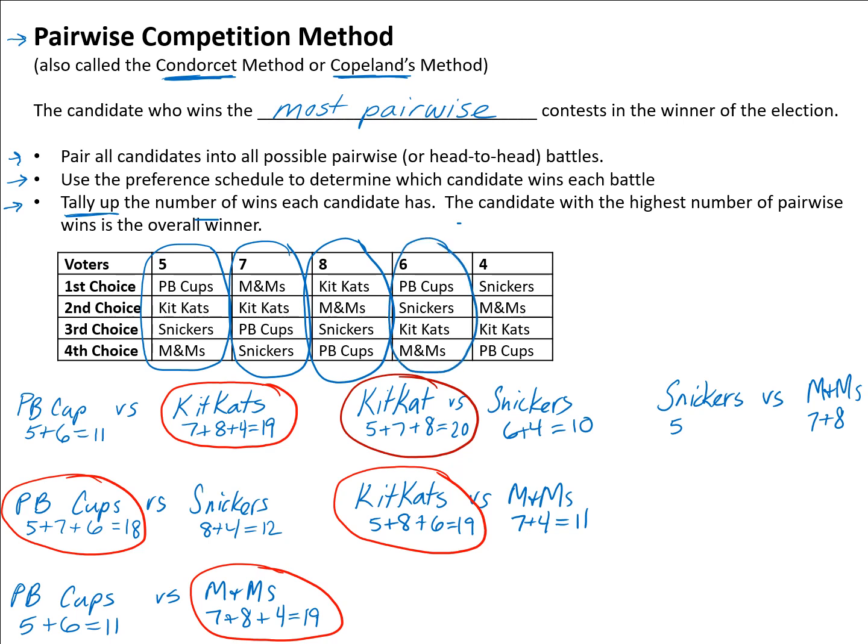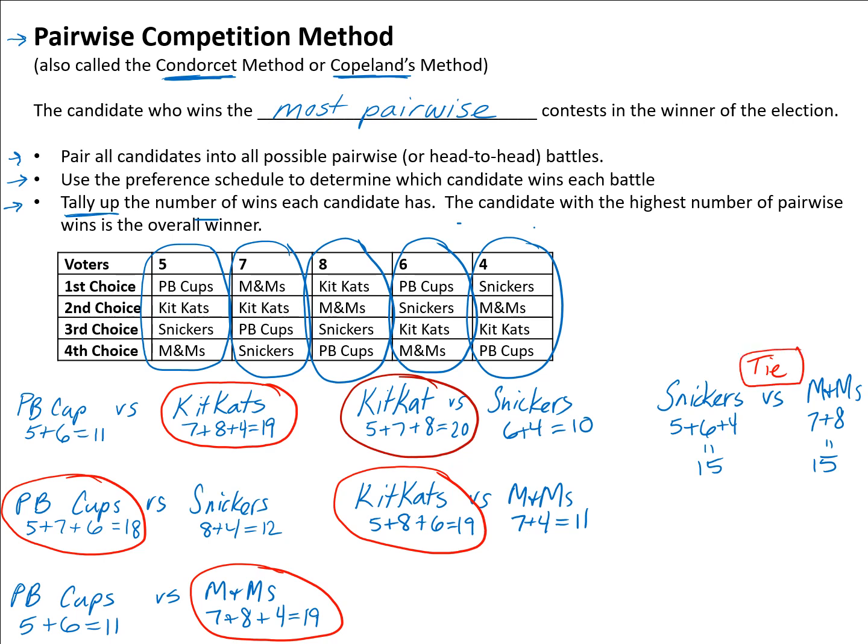Fourth group, those 6 kids prefer Snickers, so 6 votes go to Snickers. And then the last 4, Snickers is on top, so those 4 go to Snickers. Now when I add these up, I get 15 and 15. This is something that will occasionally happen with pairwise competitions. If you do have a tie, it means that each of the candidates gets a half a point.